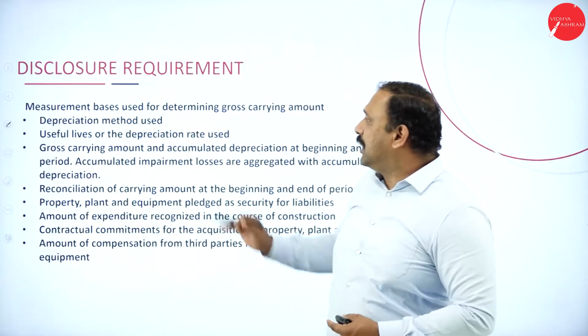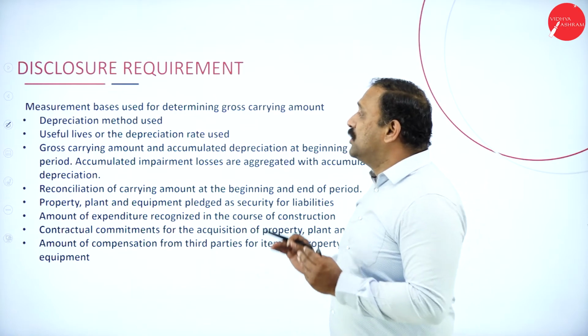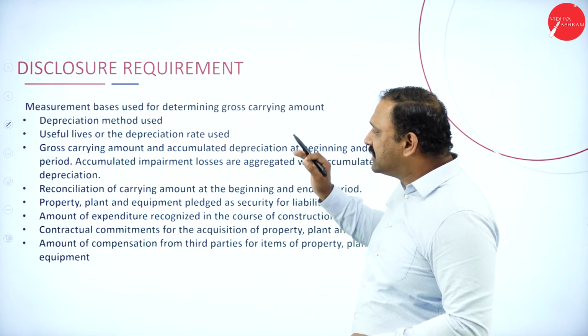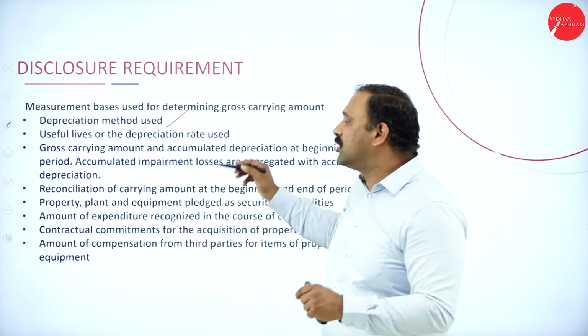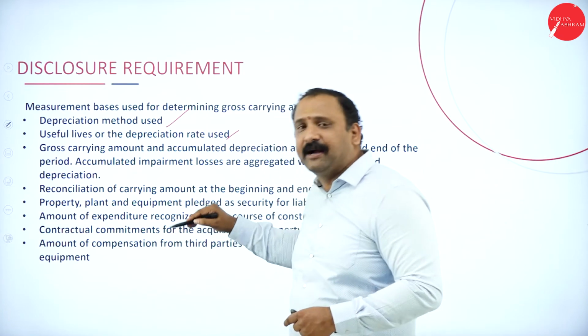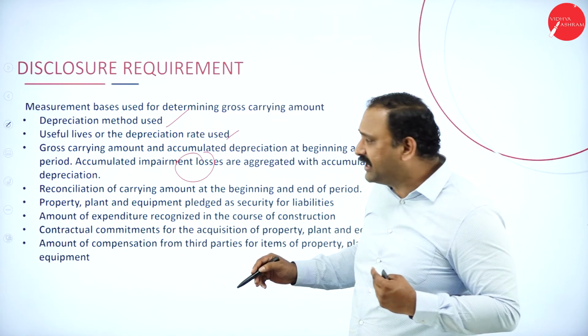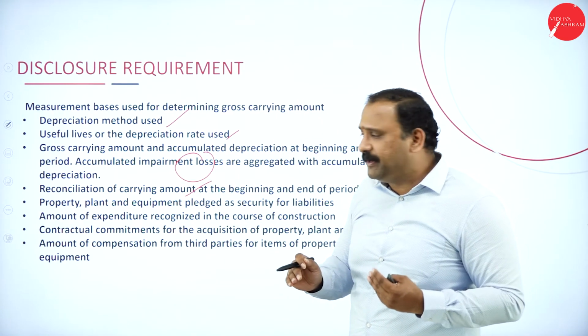Now, disclosure requirements. This is very, very important. Why? Because without disclosure, you cannot go forward in accounting. So what is the method that is used? The depreciation method is used. Useful lives of the depreciation, gross carrying amount, accumulated depreciation, impairment losses and factors are taken into account. Reconciliation of the carrying amount is taken into account.